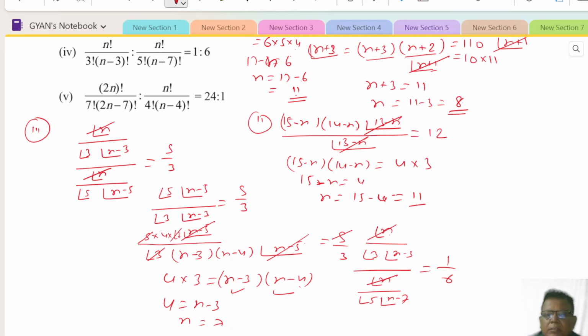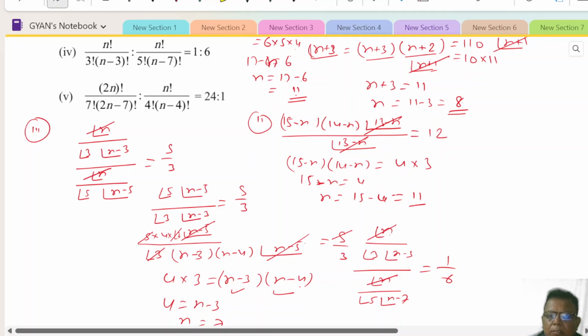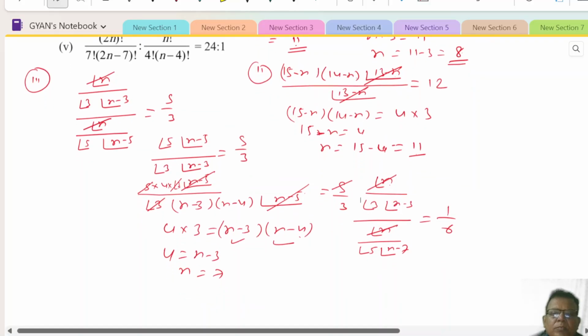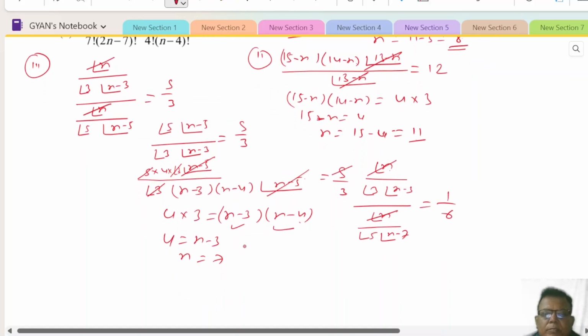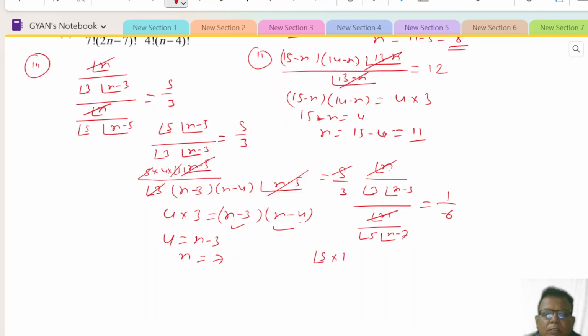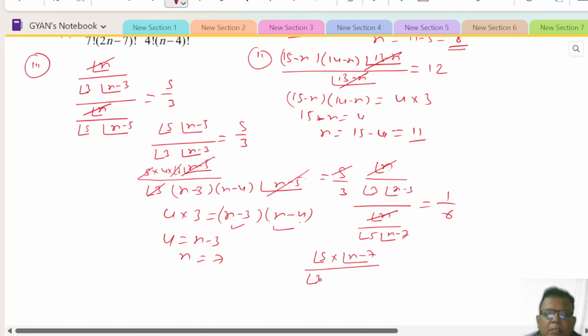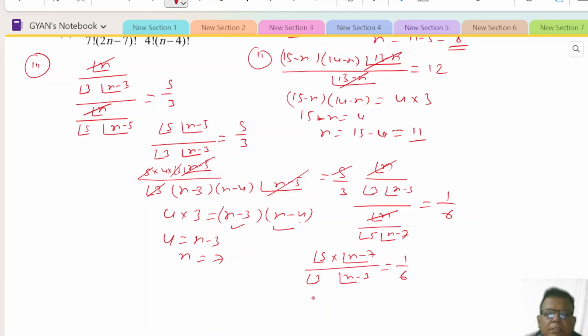This gets cancelled. So now we'll solve it further. 5 factorial into (n minus 7) factorial, so 3 factorial (n minus 3) factorial is equal to 1 by 6.